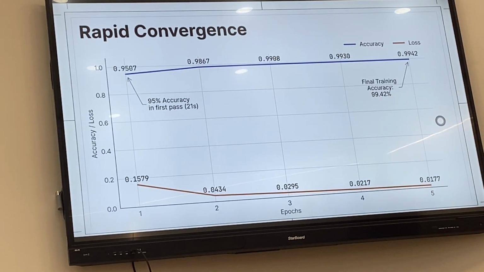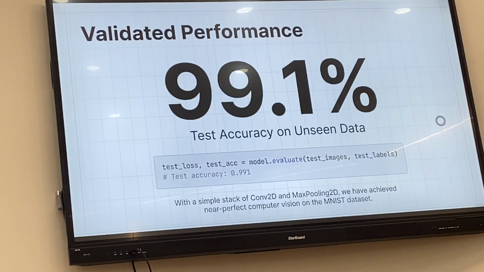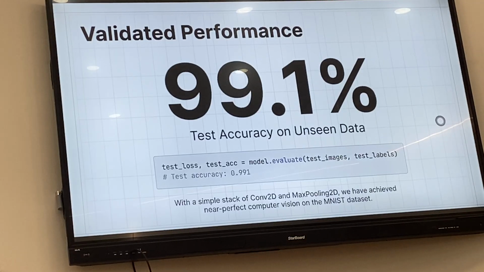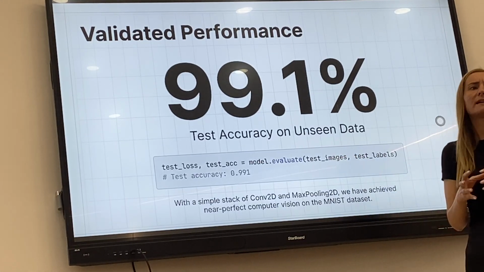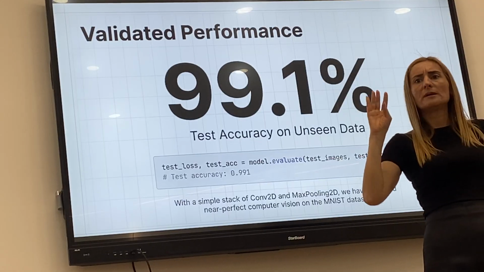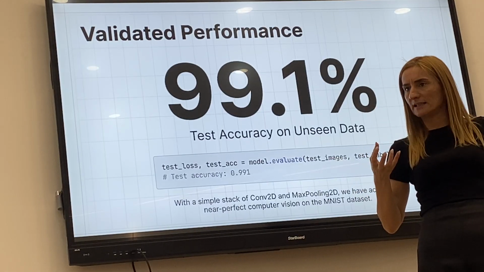Okay, so keep in mind that this is the accuracy that we achieve on the training data set. If we now continue and test it, you have a line of code in here: model.evaluate with the test images. This is another data set, because if you remember, at the beginning we loaded 4 different data sets.